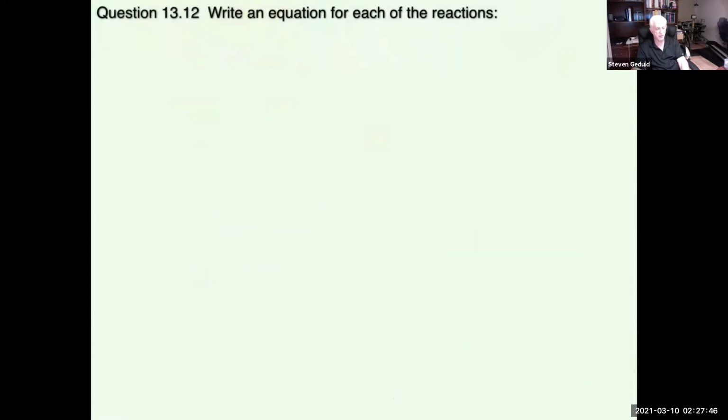Write a question for each of these reactions. Now we're going to go through each one and show the equation for them. So ethanal to ethanol.